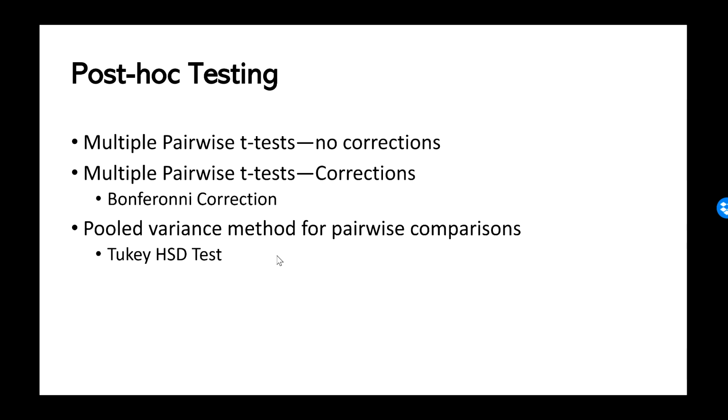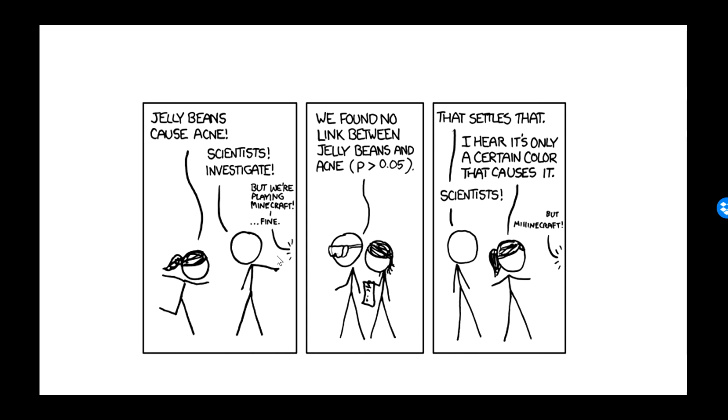So just a word about this: why don't we do the t-test without corrections, what's going on? It's because of issues like this. This is a silly comic, but the idea is, let's see if there's a link between jelly beans and acne, but wait, what if it's only a specific color of jelly bean that causes acne? So I go through and I test 20 different colors, and 19 out of 20 times I get a p-value above 0.05.